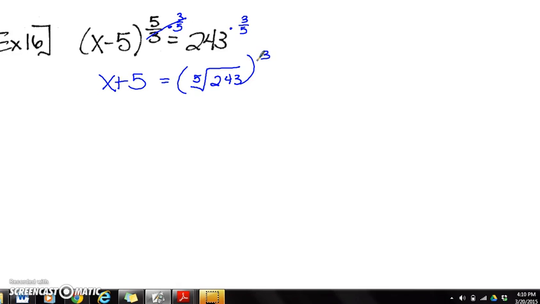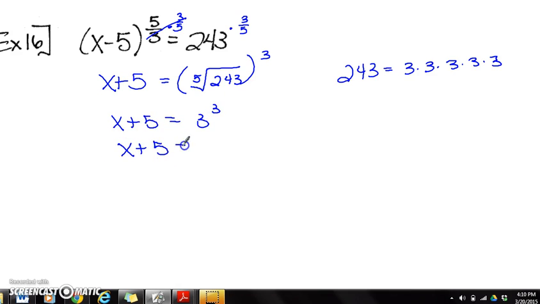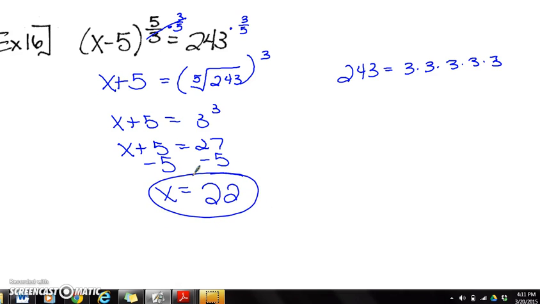So the 5th root of 243 is 3, because 243 equals 3 times 3 times 3 times 3 times 3. So this is going to get you x plus 5 equals 3 cubed. Well, 3 cubed is 27. You're going to subtract the 5, and x is going to equal 22. Yes, it is.